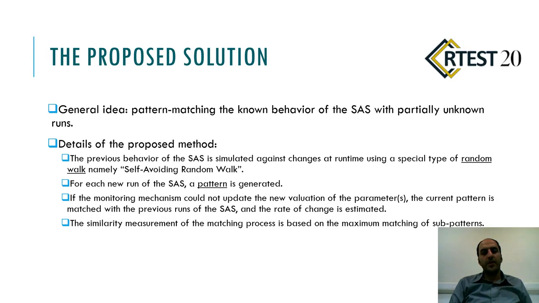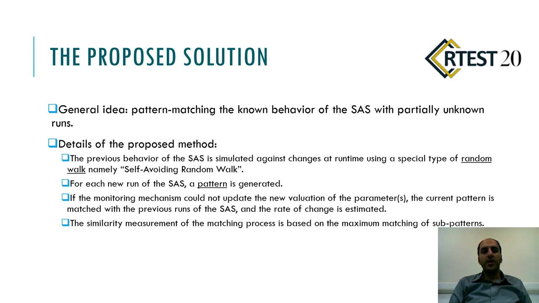Well, in this slide, we give our general solution to the problem. The general idea is to use a pattern matching technique and match previous behavior of the system with the current one to estimate the missed parameters. We use a type of random walk, namely self-avoiding random walk, to model the behavior of the system.